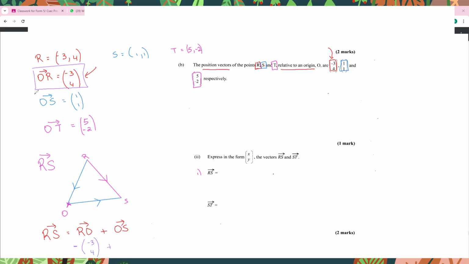And then I know the instructions from O to S, and I'm moving in the same direction from O to S. So that will stay the same. So this negative sign means that I'm going to change each of these inside of here. So basically, you just change the sign.